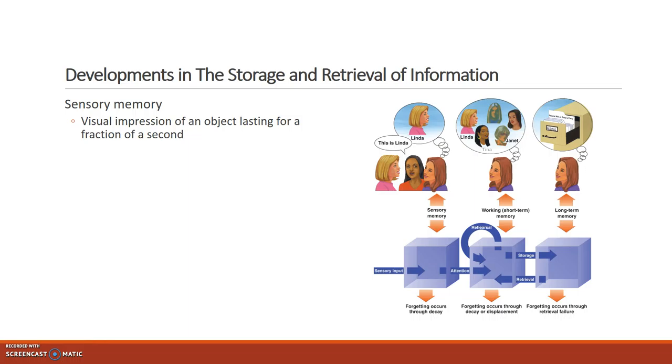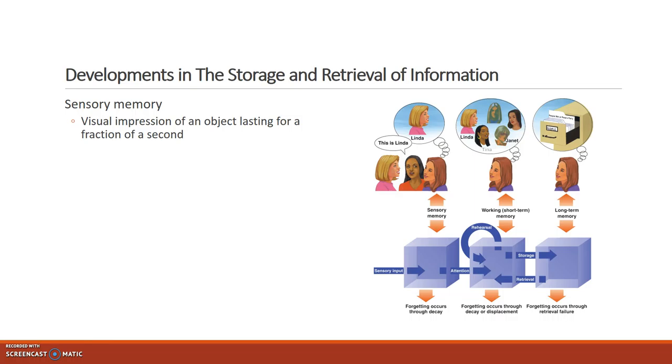Remember, sensory memory involves the sensory register, and so we have information about whatever stimuli we're getting from our senses in that sensory register. It leaves a trace. But this only lasts a very, very short time before it starts to decay.